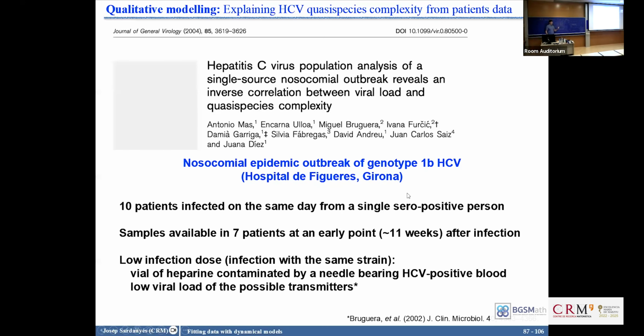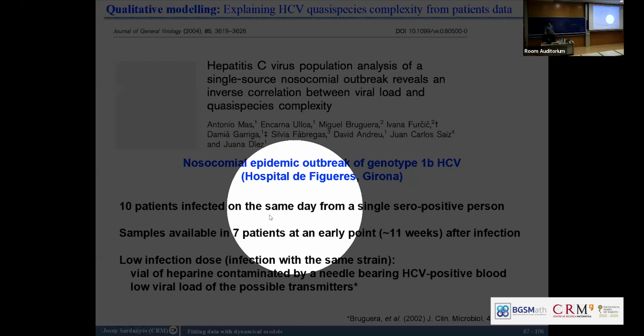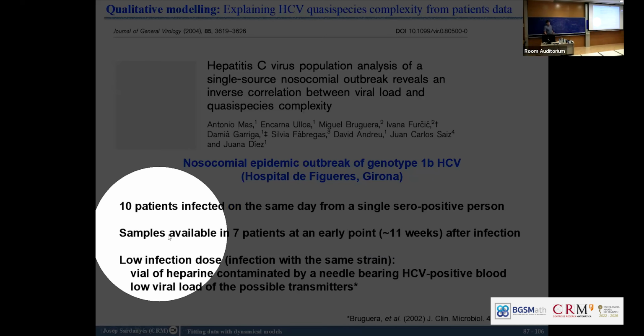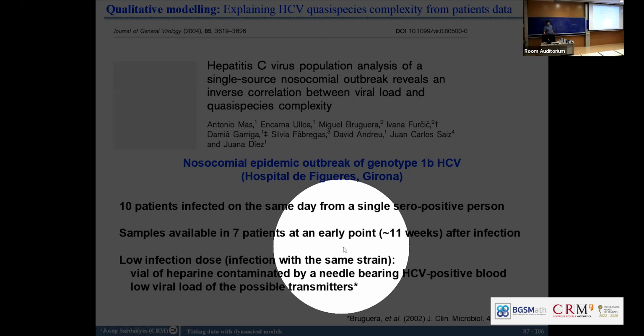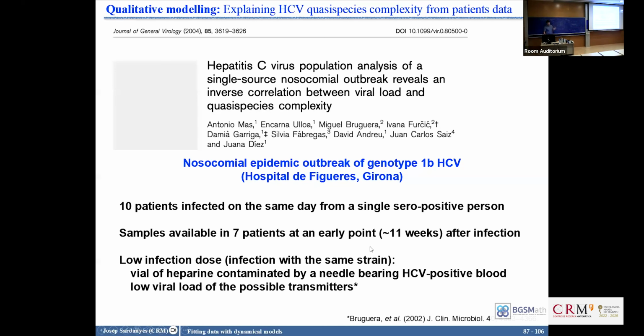So in principle, the virus was the same for all these people. They had a set of samples for 7 patients at an early time point, about 11 weeks after infection. And then they were able to follow the evolution of this virus in the patients.